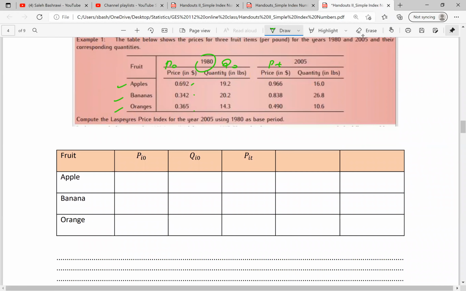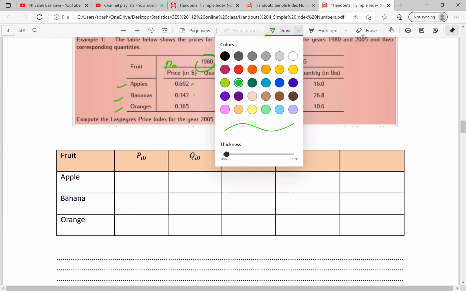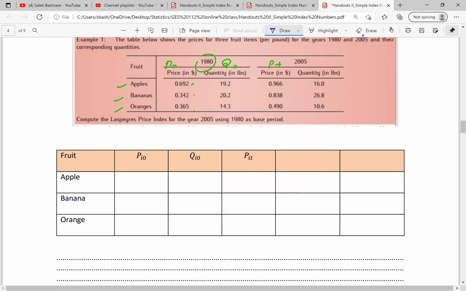Now I have Pi0 given there. For the apple we have 0.692, for the banana it is 0.342, and 0.365 for the orange.